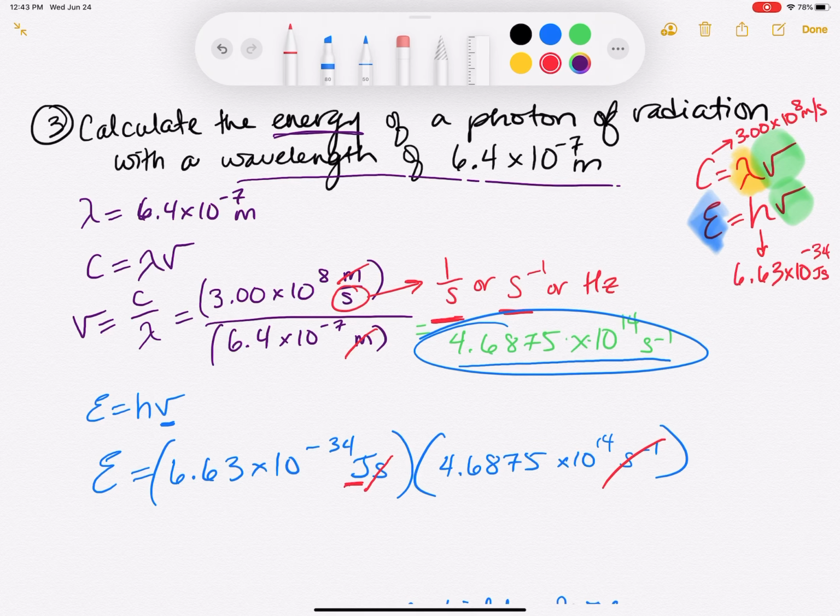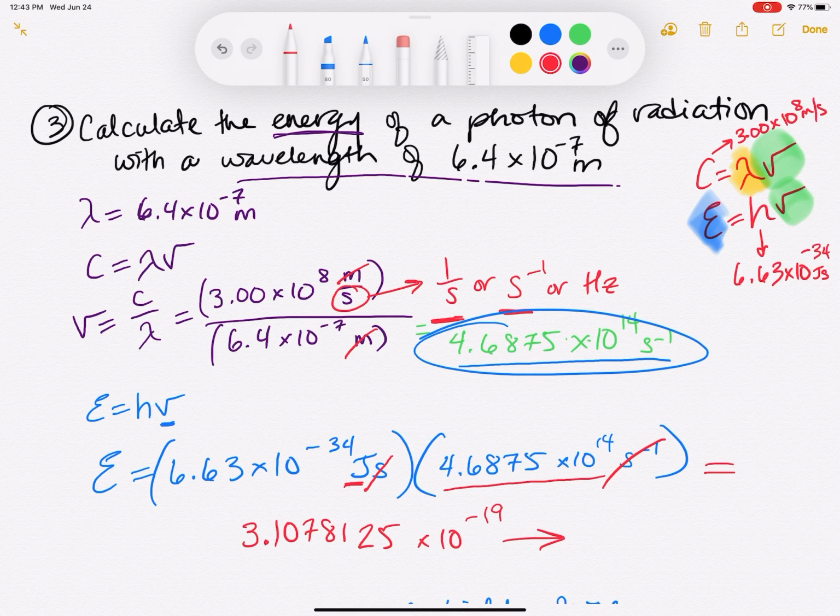So if I go to my calculator, I can either plug this in or I can just leave it saved from the last calculation that I did, and I can go ahead and just say times Planck's constant, but you want to remember again to always use your parentheses. So my calculation answer right now is 3.1078125 times 10 to the negative 19th.